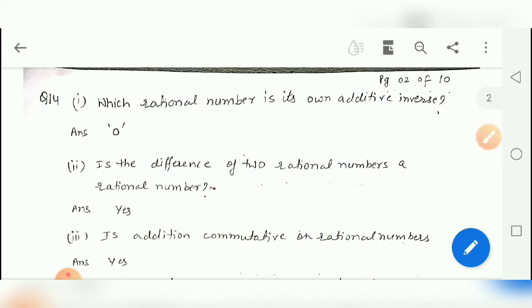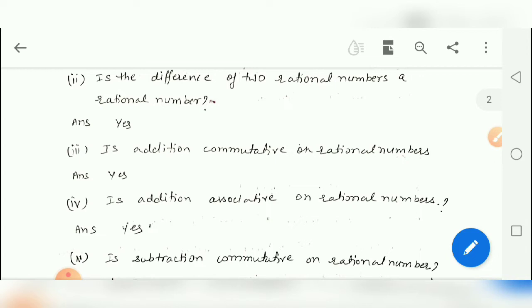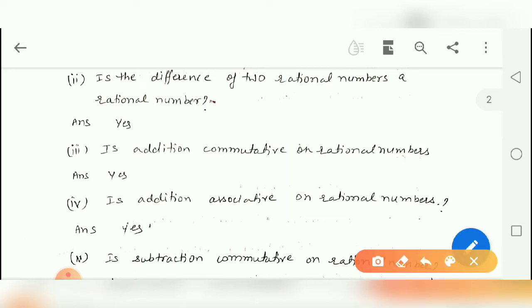Now, the next part, is addition commutative on rational number?